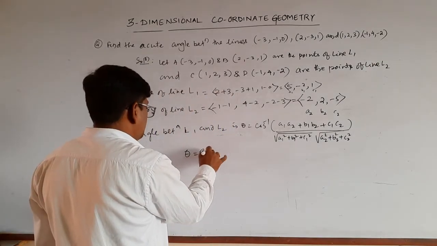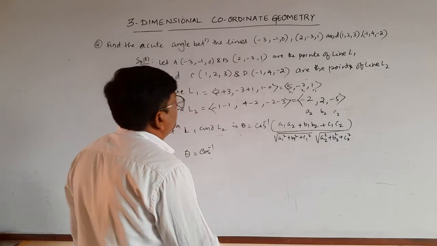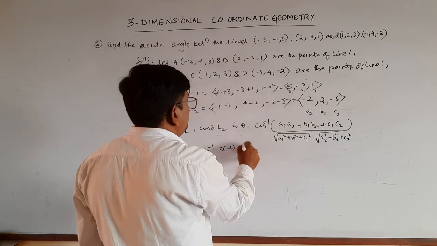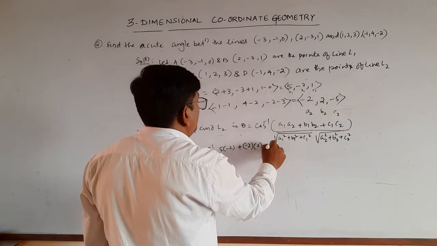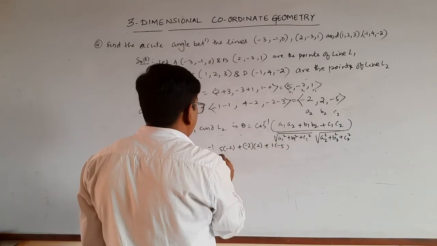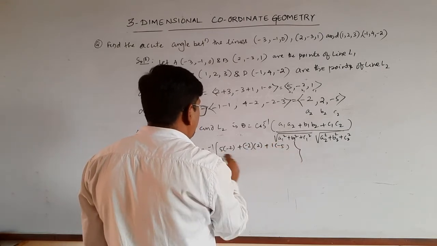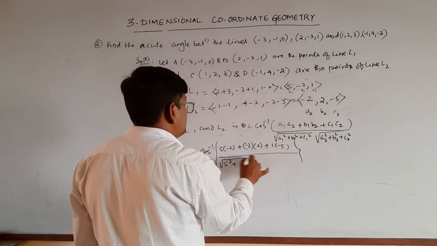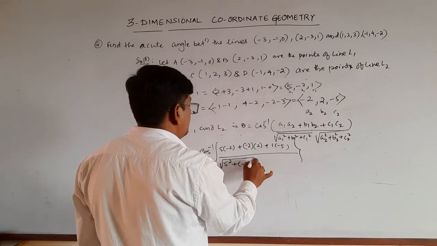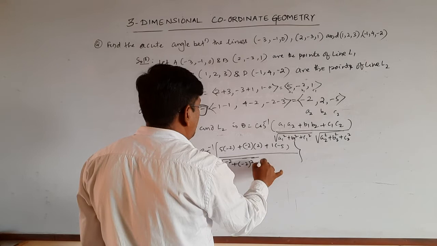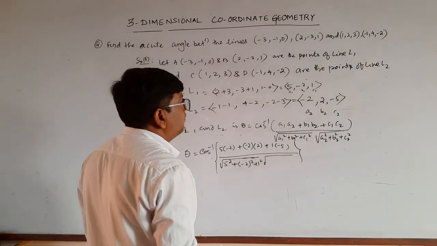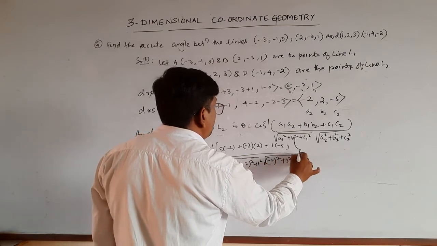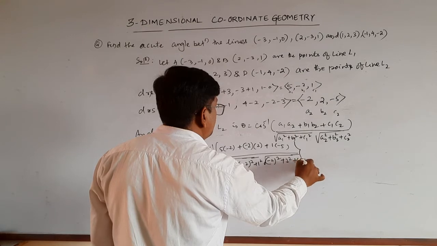So theta is equal to cos inverse of A1 A2, that is 5 into minus 2, minus 2 into 2, 1 into minus 5, divided by root over 5 square plus minus 2 square plus 1 square into square root of minus 2 square plus 2 square plus minus 5 square.